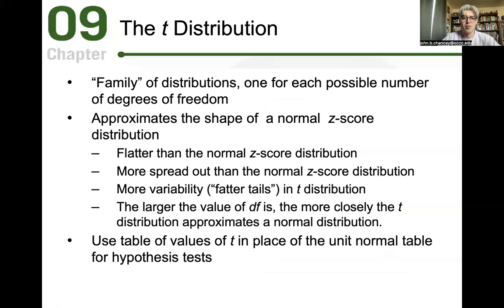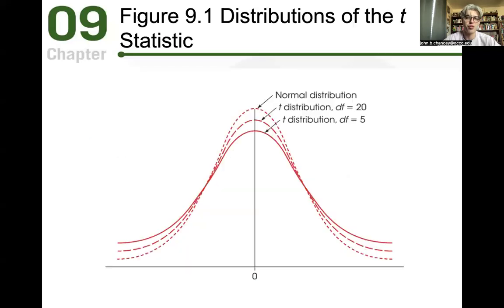However, it tends to be flatter than a normal distribution. The spread is a little more out than the z-score distribution. There tends to be more variability, meaning there are fatter tails at the ends, and that's affected by the degrees of freedom. The larger that number is for degrees of freedom, the more likely it is to start to resemble a normal distribution, or that z-score distribution.